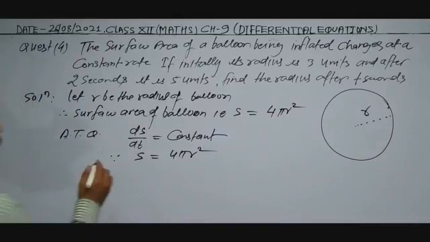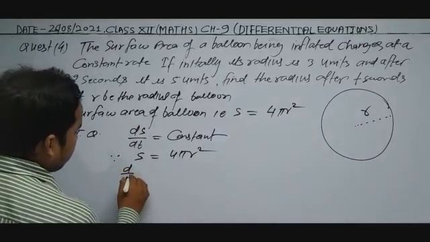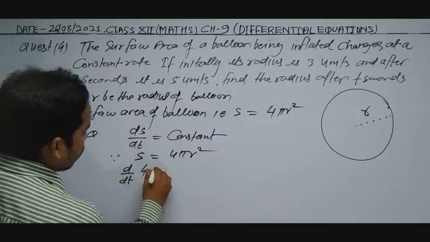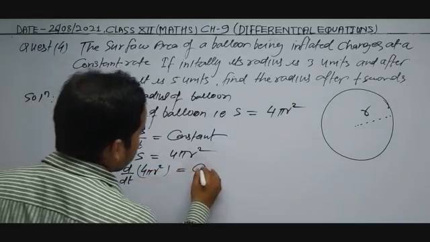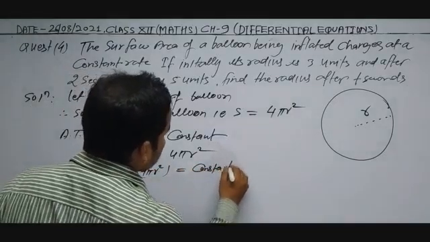Now dS upon dt means d by dt of 4 pi r square, and this is the constant.